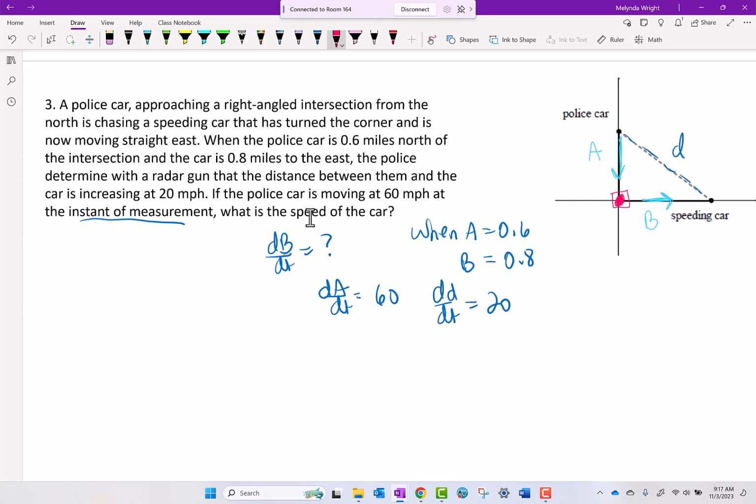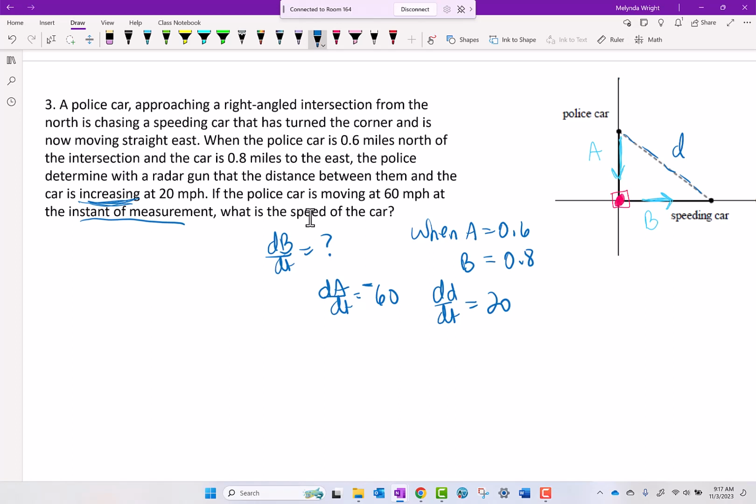So that means that this rate is negative. That is significant for us. It can really change our answers if we have the wrong sign on our rate. So that's negative. The 20 miles per hour, they said that's increasing, so that's positive, so we're good there. Those are the numbers that we need.